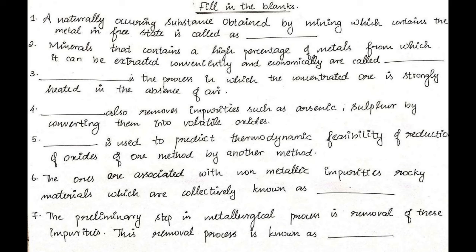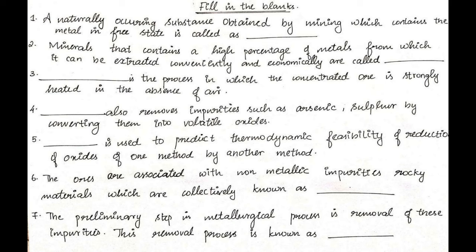Okay, let us discuss about the fill in the blanks based on this topic. A naturally occurring substance obtained by mining which contains the metal in free state is called as dash. Minerals that contain a high percentage of metals from which it can be extracted conventionally and economically are called dash.